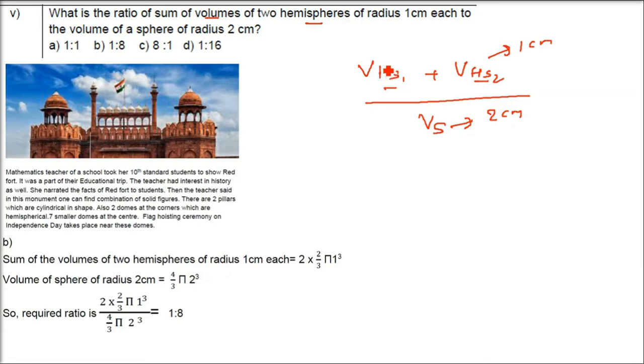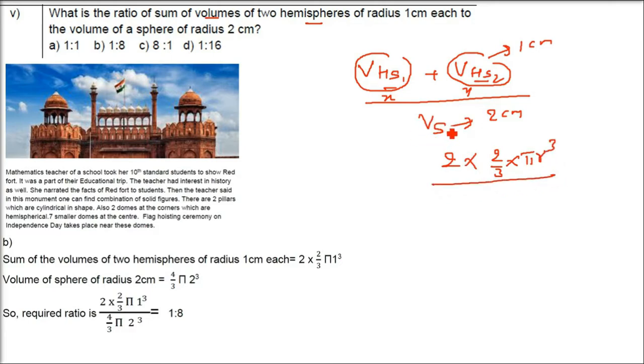So now we have just seen it's 2 by 3 pi r cube is the volume. Since these two hemispheres are the same, we can combine them: x and x will be 2x. So 2 into volume of hemisphere, 2 into 2 by 3 pi r cube, divided by the whole sphere, which is 4 by 3 pi r cube.